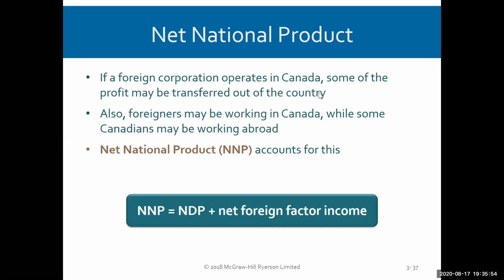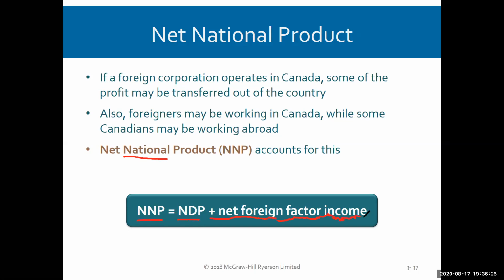Also, foreigners may be working in Canada, and some Canadians may be working abroad, and we need to make adjustments for that income if we want to look at net national product. Remember, national means just Canadian citizens and Canadian companies. So we go one step further in the math. We started with GDP, and we get to net national product by taking net domestic product plus or minus the net foreign factor income.